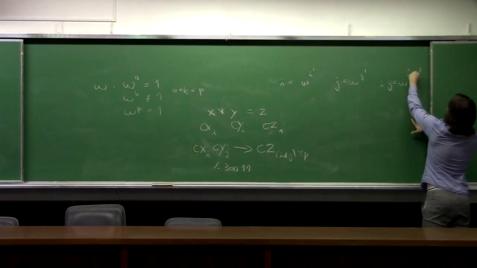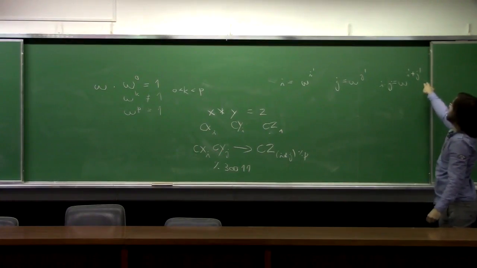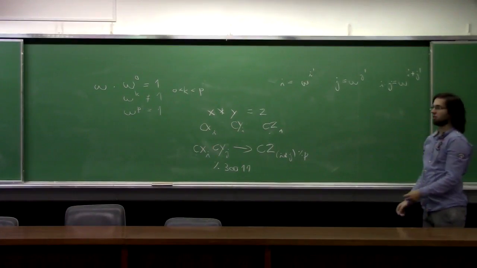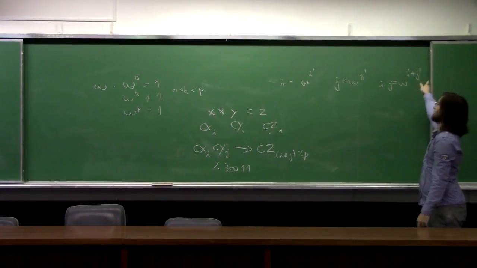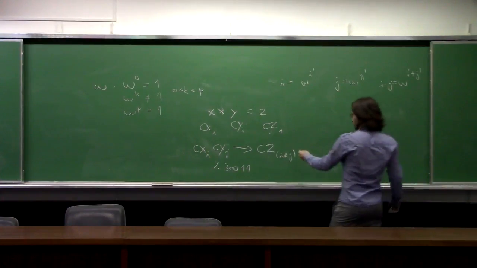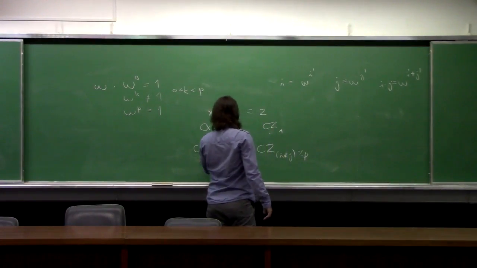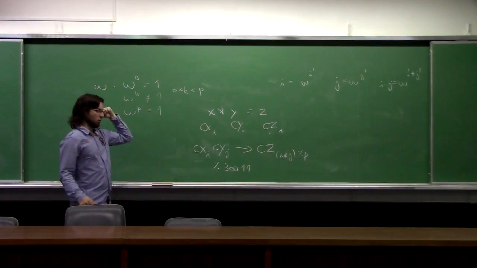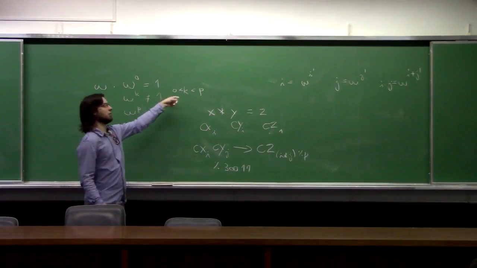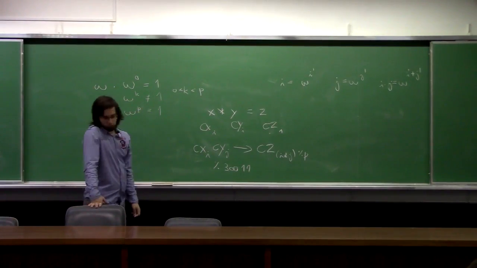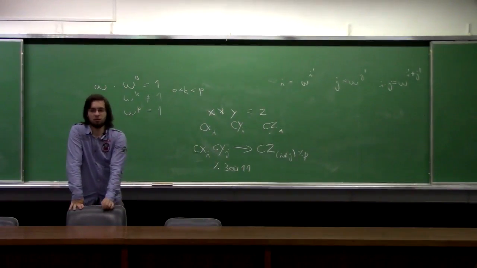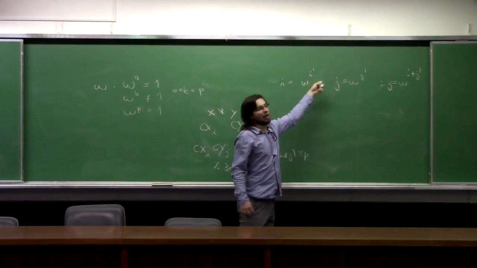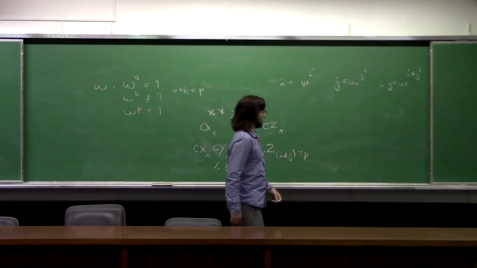And already we can see that there is some hope here: instead of having multiplication, we can just have addition in the exponents. And since the generator has this property that it's not equal to 1 for any k between 1 and p minus 1, then it can be proved that for each i there is a unique i prime such that this equation holds.